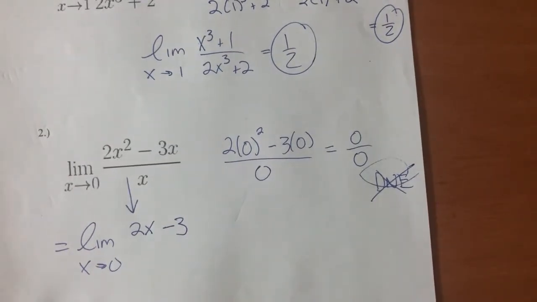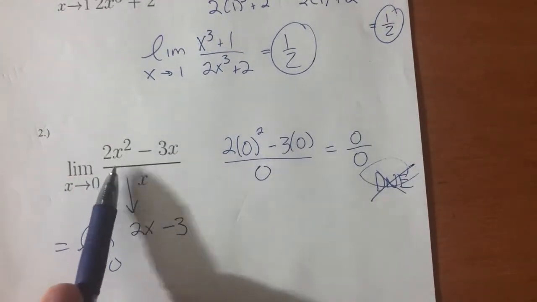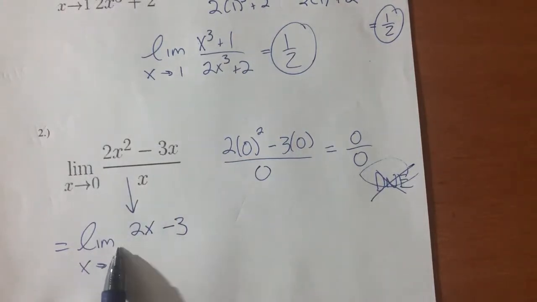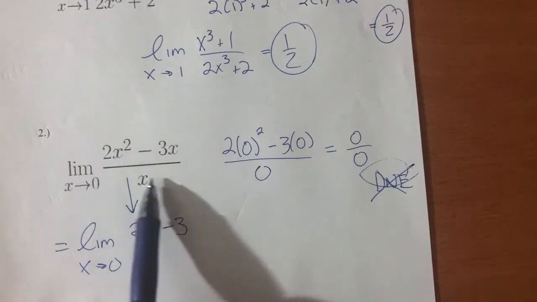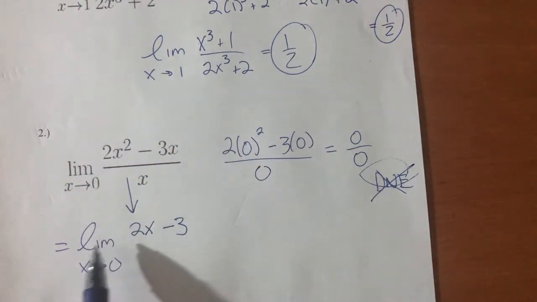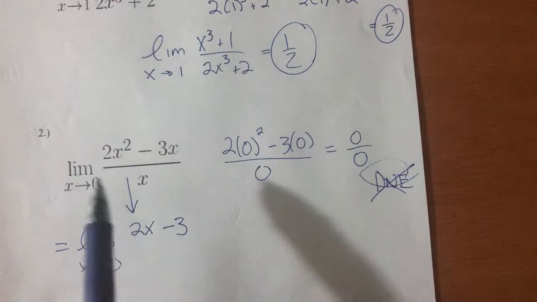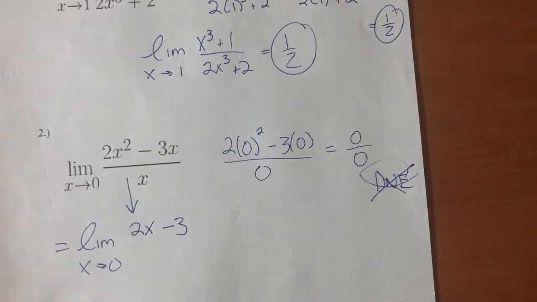What that shows me is that calculating this limit is the same as calculating this limit, because this rational expression is equivalent to this right here. So it's essentially the same to calculate either of the limits.